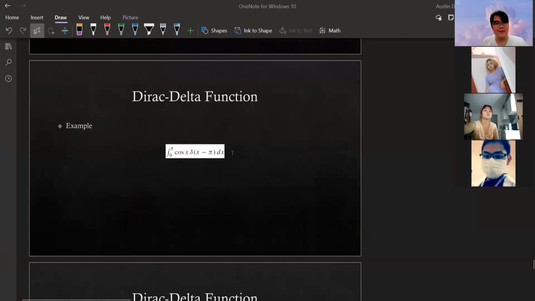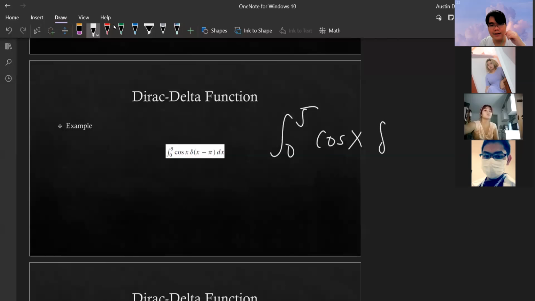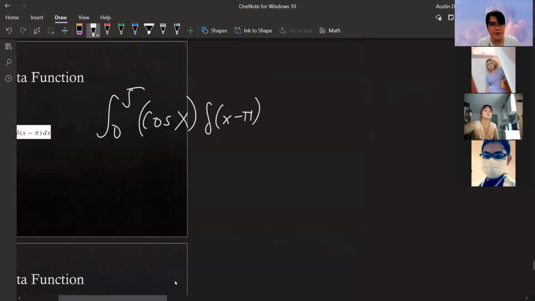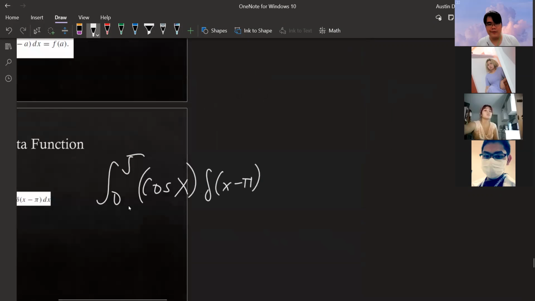Okay, let's do this example. Napakadali lang ito. So, there's a lot of examples in your book. You can try that. Okay, 0 to 5. This is just example. Cosine x, Dirac delta. Lagyan natin ito. Dirac delta x minus pi. The dx runs from 0 to 5. dx.